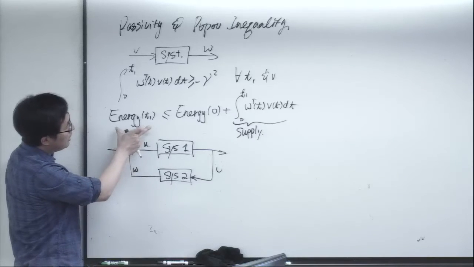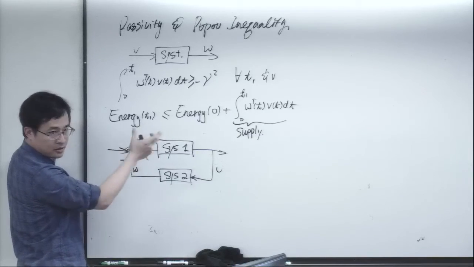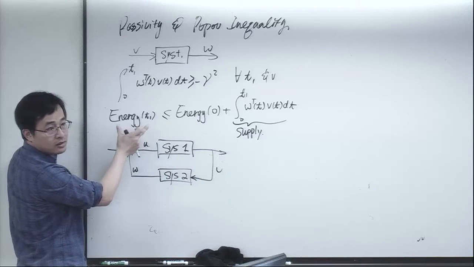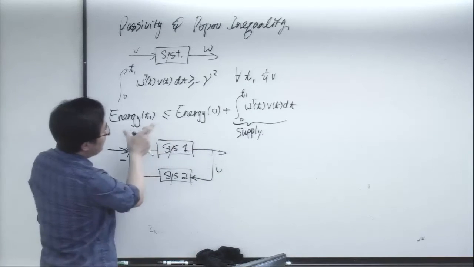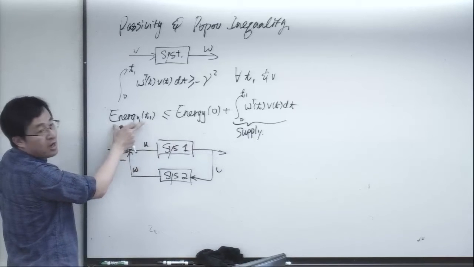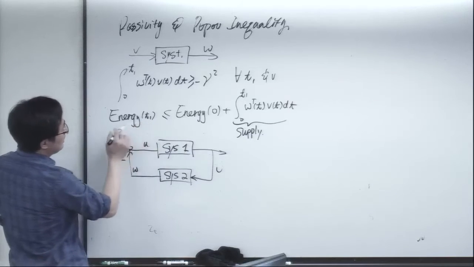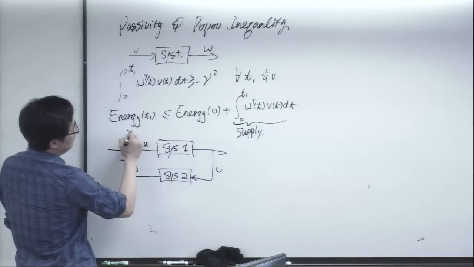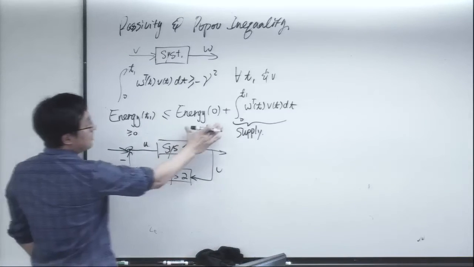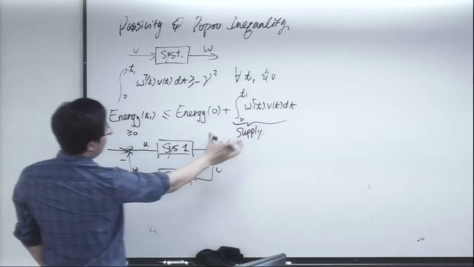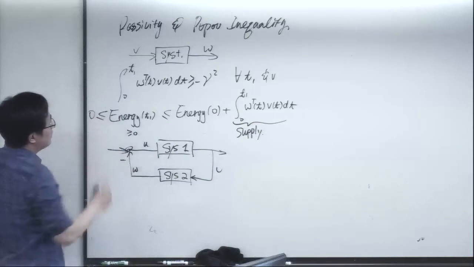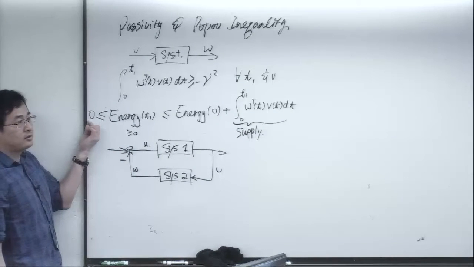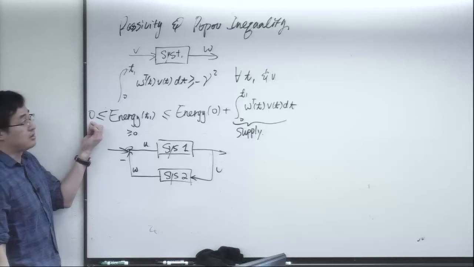And then, because energy as a physical quantity is always non-negative, the boundary condition for this to happen is that this one is always going to be larger than or equal to 0. So therefore, this right-hand side is going to be bounded from below by 0.